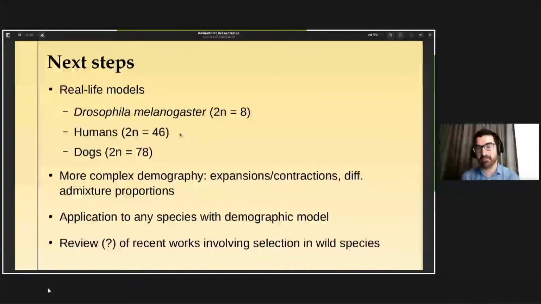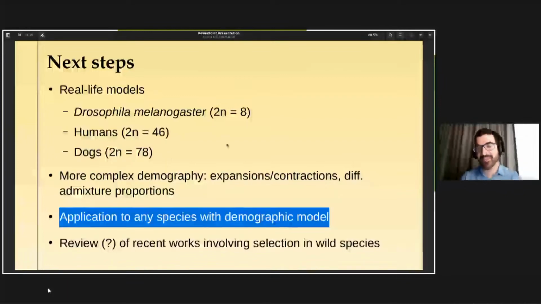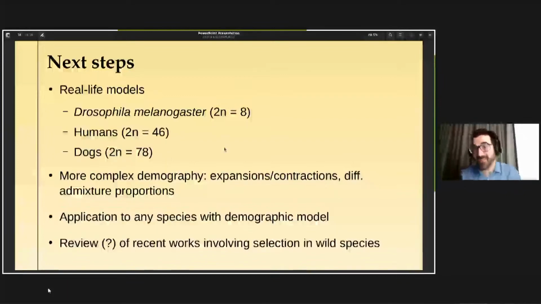I've seen papers from last year that were working with very outdated statistics on conservation projects of endangered species. And there's a danger of overestimation or underestimation of the adaptive potential of those species. So I think it's very important to bring these new methods into conservation genetics. That's what I think is the most exciting part of the project, and also why I'm so excited to be here talking about it.